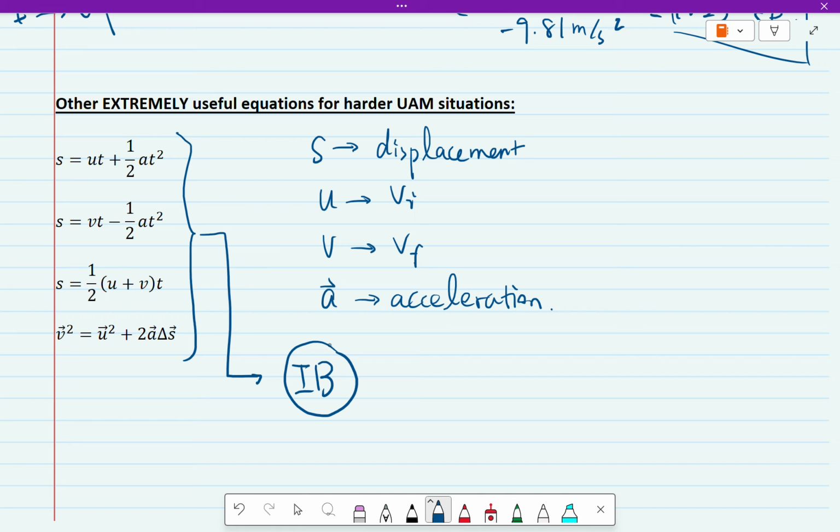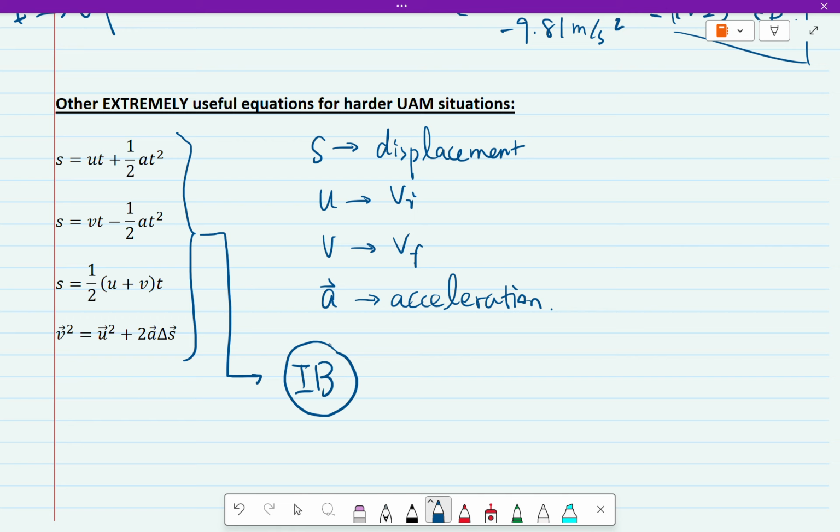So we actually have three other formulas to calculate displacement. The first one, displacement is equal to initial velocity times time plus 1/2 acceleration times t squared. The second one, displacement equal to final velocity times time minus 1/2 acceleration times time squared.